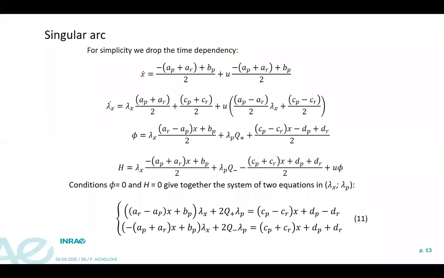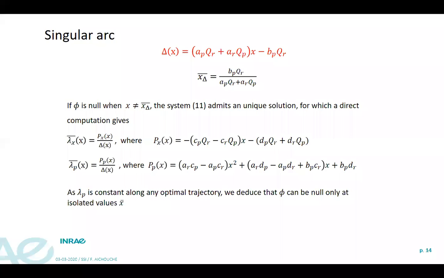So we now focus on the study of the singular arc locus, for which the switching function phi is null on a non-null time interval. For simplicity, we drop the time dependency. Then x, lambda point x and phi become as in the following equation. The conditions phi equal to 0 and Hamiltonian equal to 0 give the system 11.